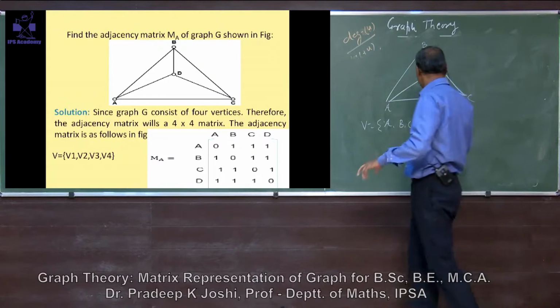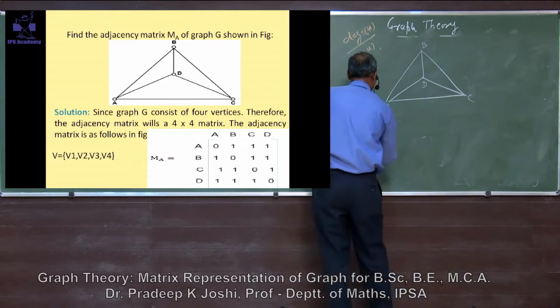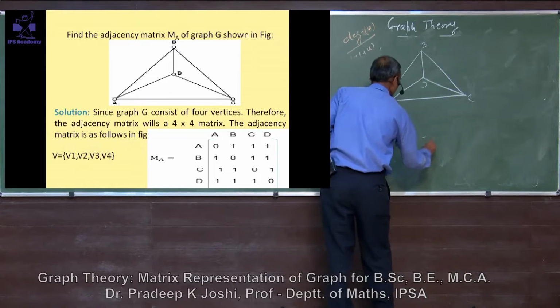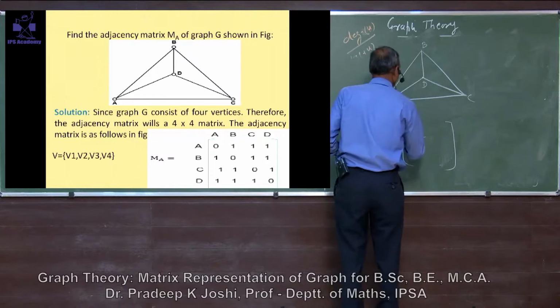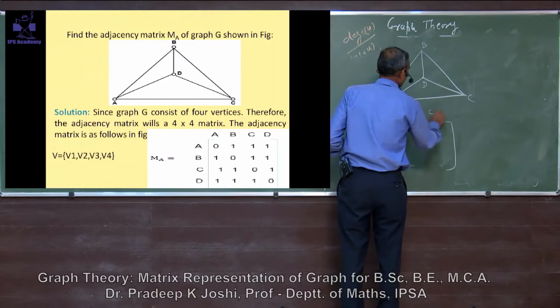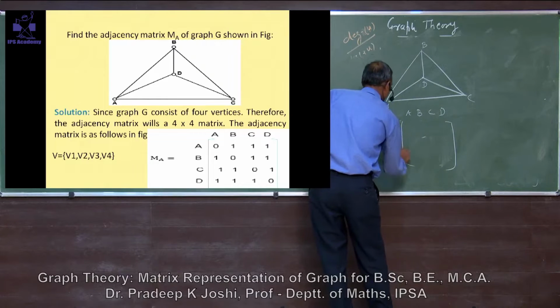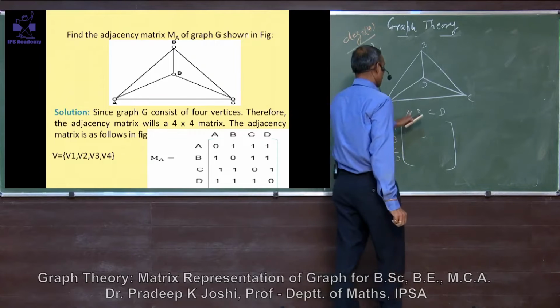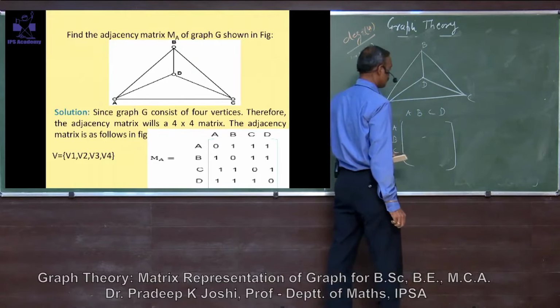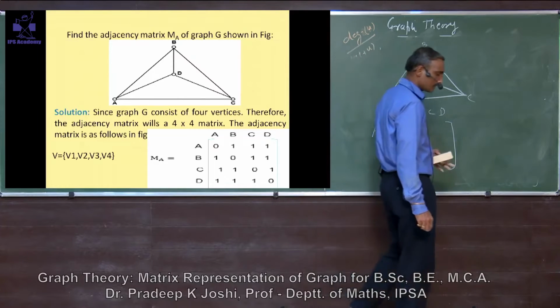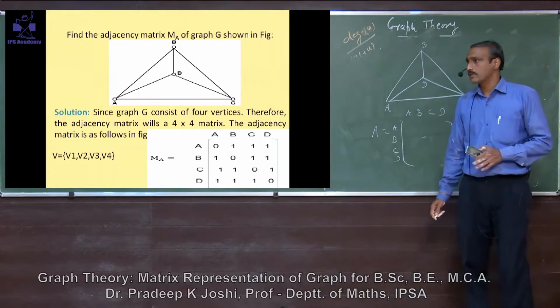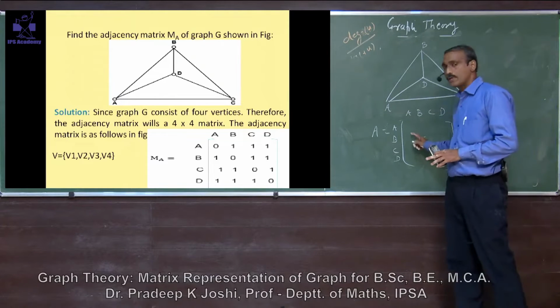Now how do we find the adjacency matrix for this one? Here the columns represent vertices and the rows also represent vertices. If they are adjacent, then put 1, otherwise 0.